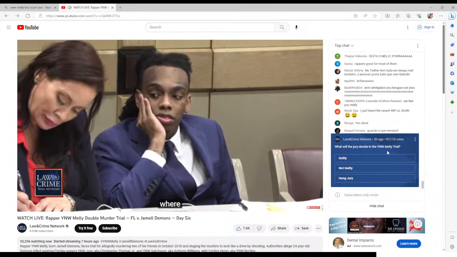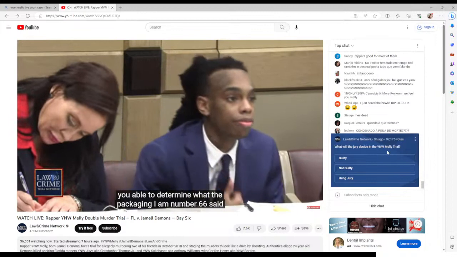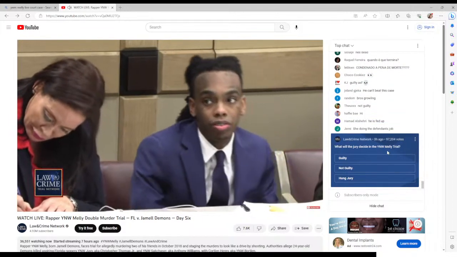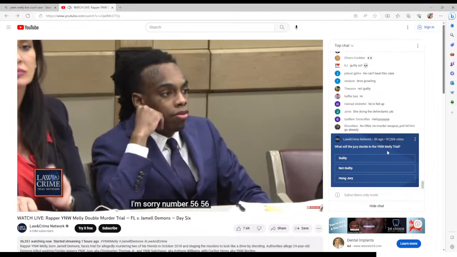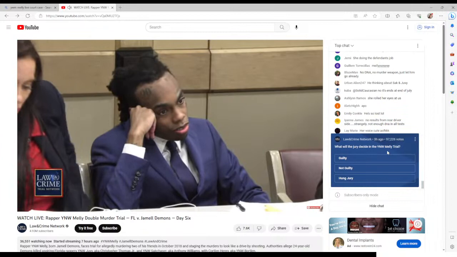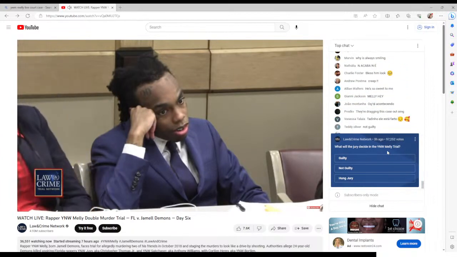Were you able to determine what the packaging of item number 66 said? Yes, the contact swab of rear of driver's side door handle interior. I'm sorry, on number 66 it is which? Front of driver's side door handle.